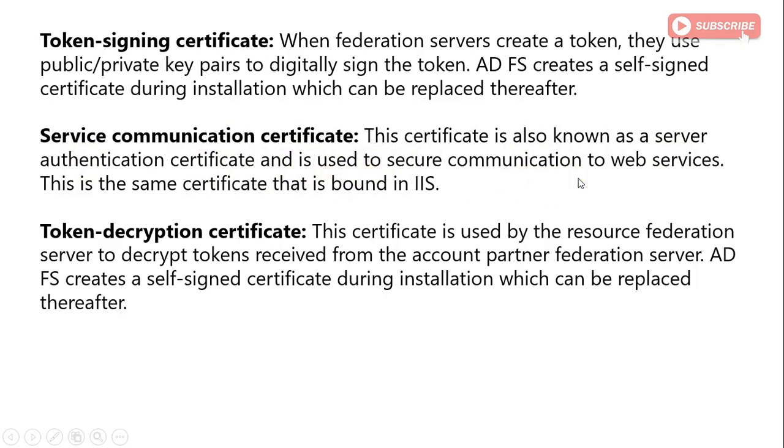In my previous video, I did all this configuration, how to deploy Active Directory certificate authority and web server, and whatever is required. And the token decryption certificate is used by the resource federation server to decrypt tokens received from the account partner federation server. So guys, these are the basic things.